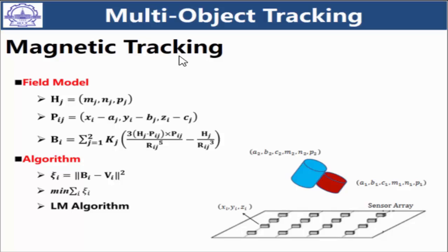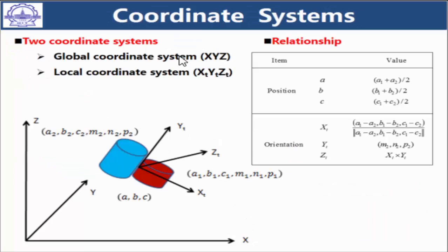Here we have to note that since the magnetic dipole model is used, we can only have the 5 degrees of freedom results of each magnet. So after we have the position and orientation of each magnet, we can use the relationship between these two magnets to get the 6 degrees of freedom of the target.